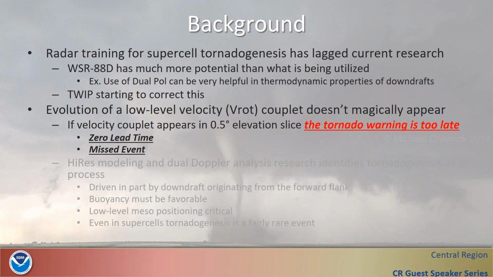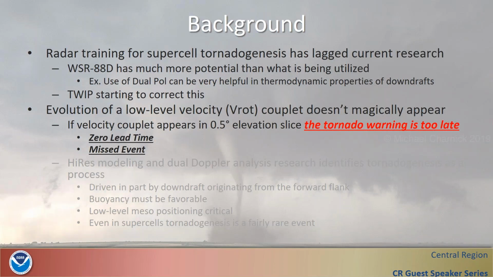But what we have to realize is that this doesn't magically appear, and in most cases, if you get a well-defined velocity couplet to appear in the low-level slice, the tornado warning is probably too late, based on the latest research that suggests that the rotation occurs right near the ground before you'll see it in that rotational velocity signature. So what that relates to is, at best, a 0 lead time, but more likely a missed event.